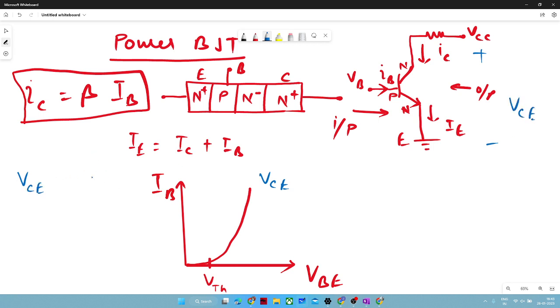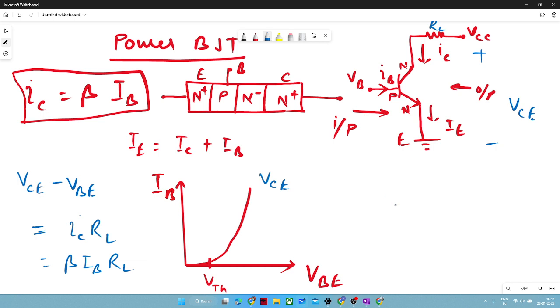VCC minus VBE is equal to IC RL. Okay, this is RL. Now IC is also related to IB, so we can write beta IB into RL.